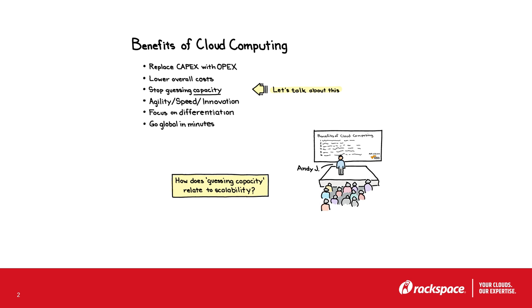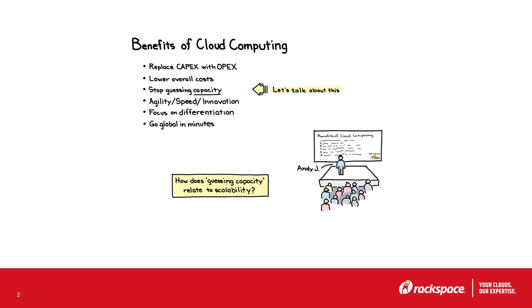If any of you have ever been to one of the AWS summits or reInvent, you've probably seen a slide something a little bit like this, where Andy Jassy or one of his representatives gets up on stage and starts talking about some of the benefits of cloud computing. And it usually goes like this: you can replace your capital expenses with operating expenses and stop paying that money up front.